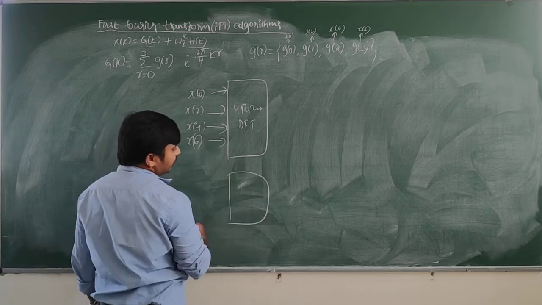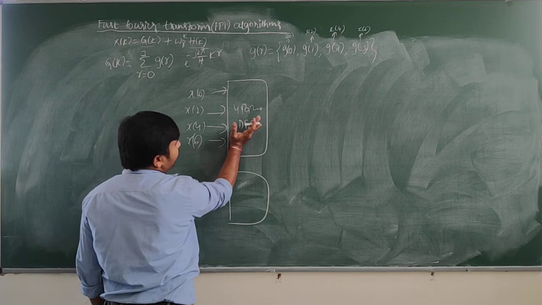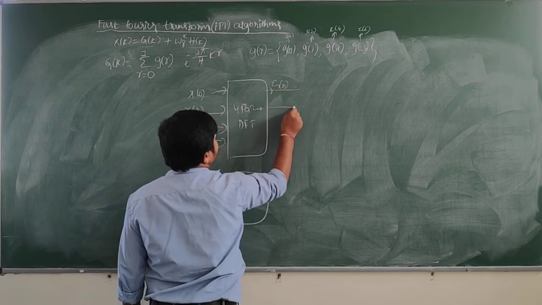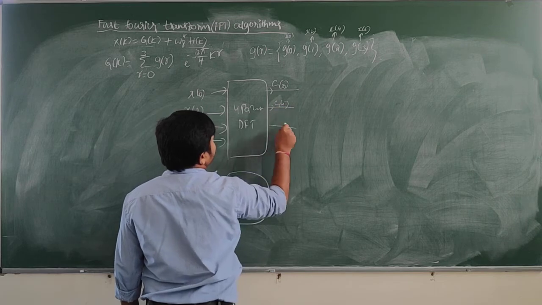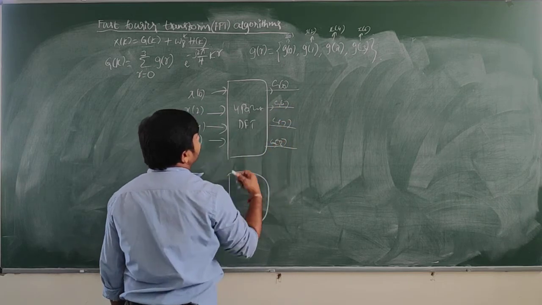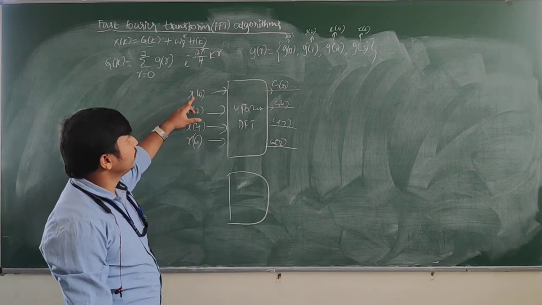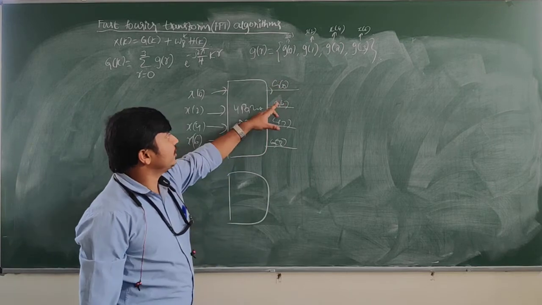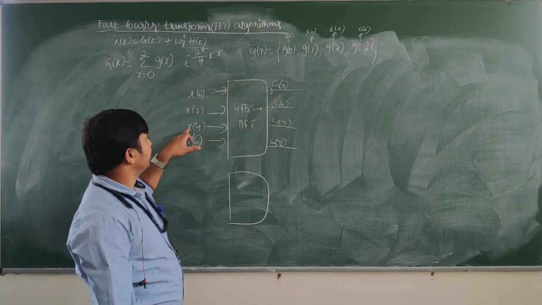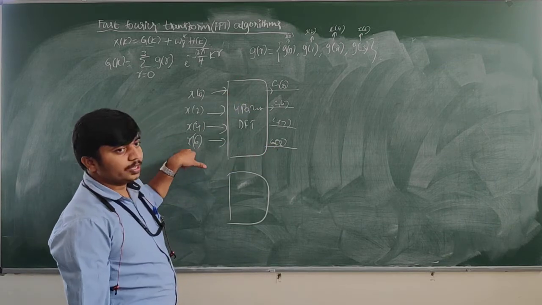The outputs were g of 0, g of 1, g of 2, g of 3. Here g of 0 corresponds to x of 0, g of 1 corresponds to x of 2, g of 2 corresponds to x of 4 and g of 3 corresponds to x of 6.